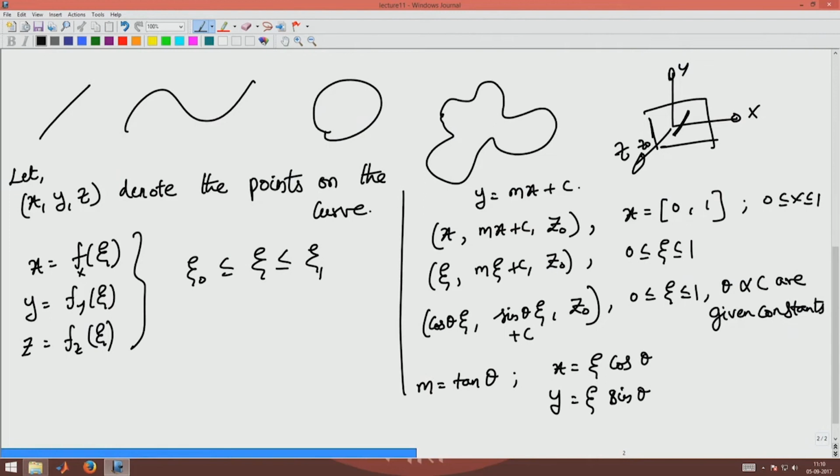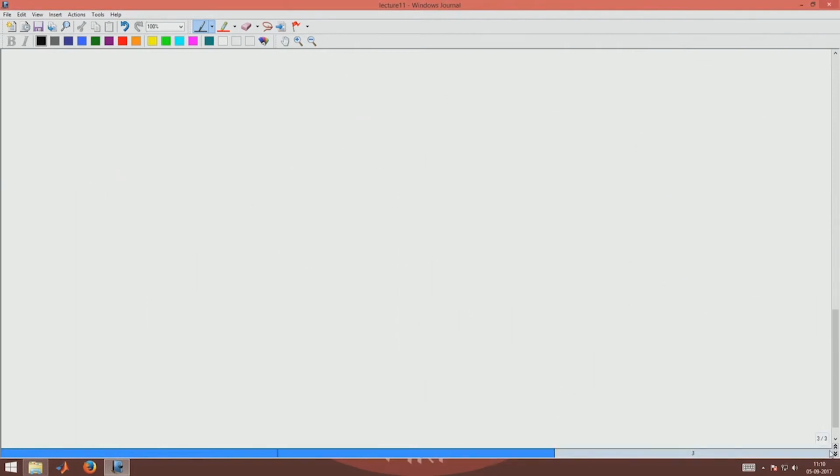Now, let us take another example. Let us take a closed curve, which is a circle.